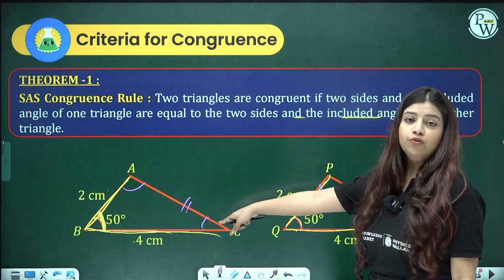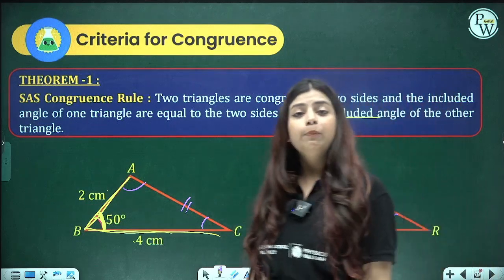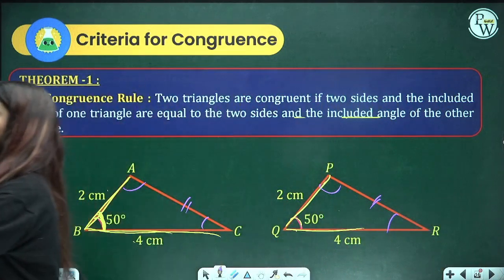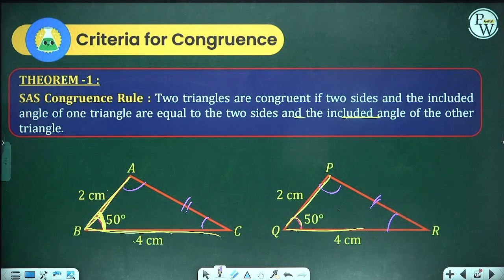If we have proven the congruency, then by CPCT, the other parts will also be congruent. I hope this is clear to everyone, right? By CPCT, as simple as that.